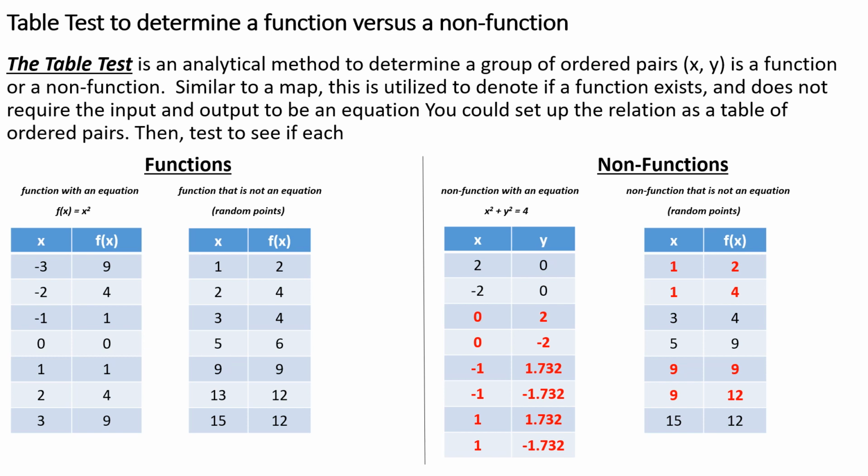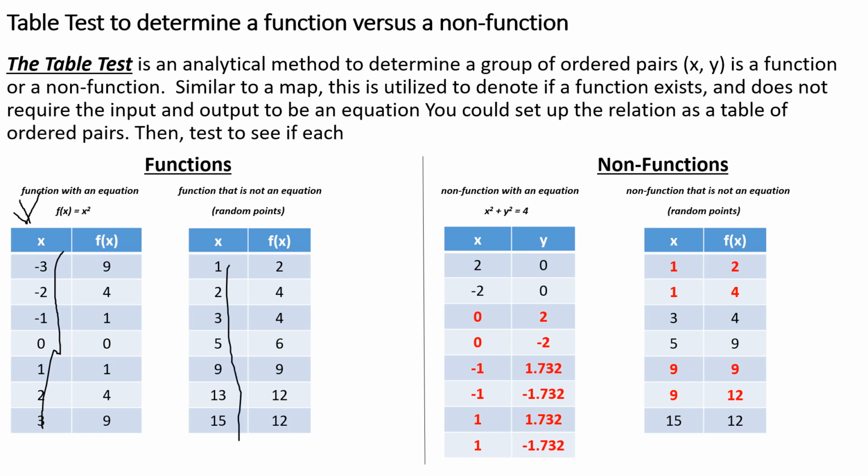Notice each input, which is the x here, only has one output answer. Same thing right here. 1 goes to 2, 2 goes to 4, 3 goes to 5. And really, there's only one unique number across both of these here. We don't see the same number twice.